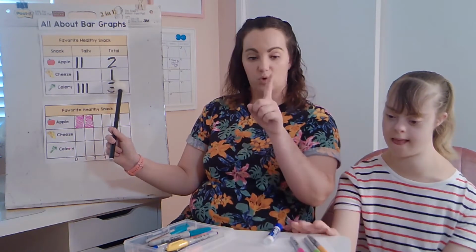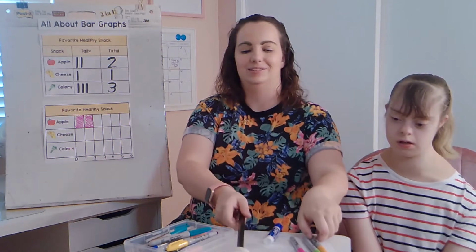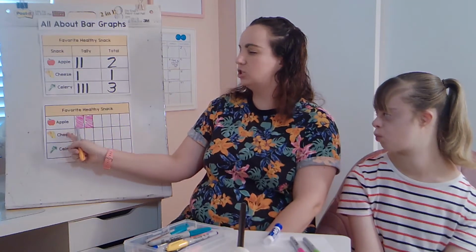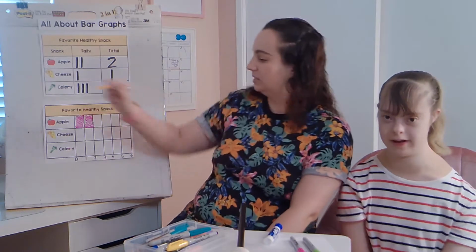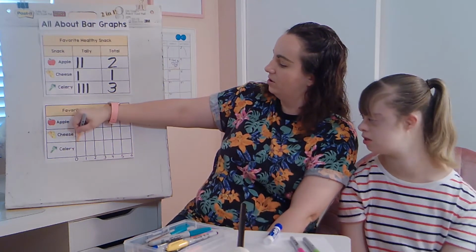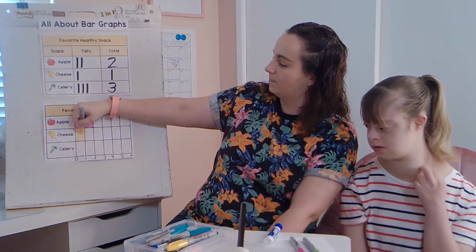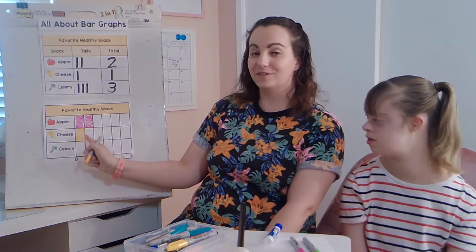Cheese only had 1 vote, so only gets 1 bar colored in. So I'm going to change colors, kind of help us see cheese. I'm going to do kind of an orangish color to represent cheese. Okay. I'm going to color in 1 bar to show 1 vote for cheese.